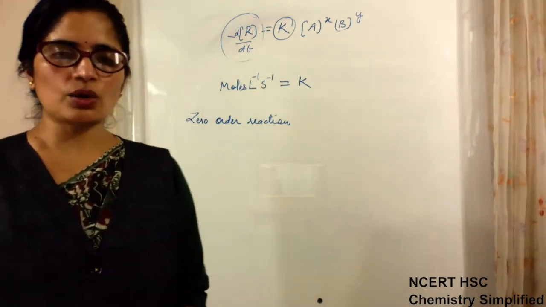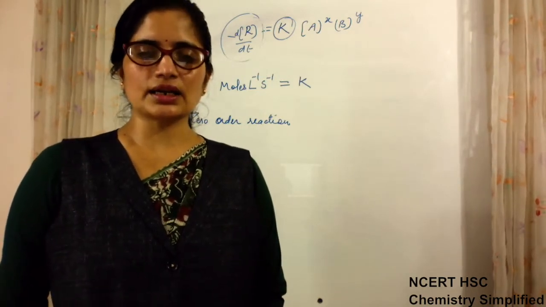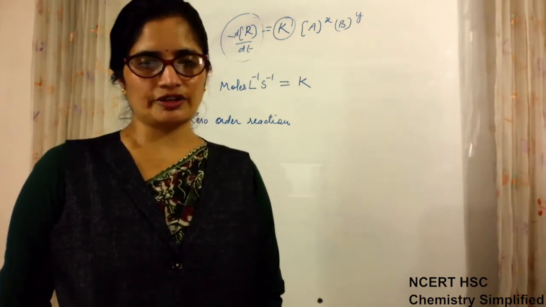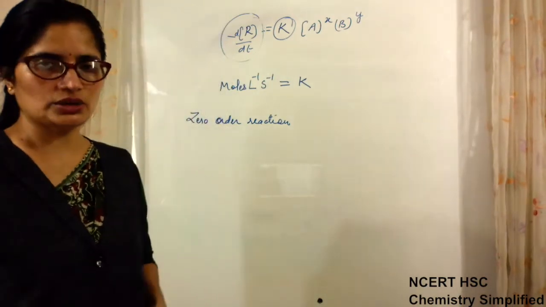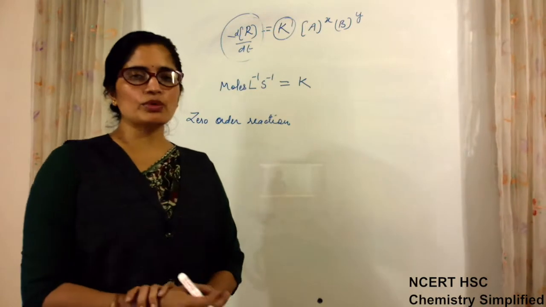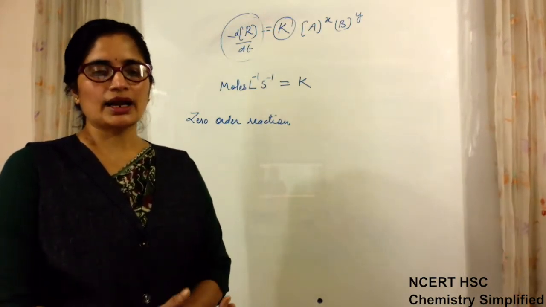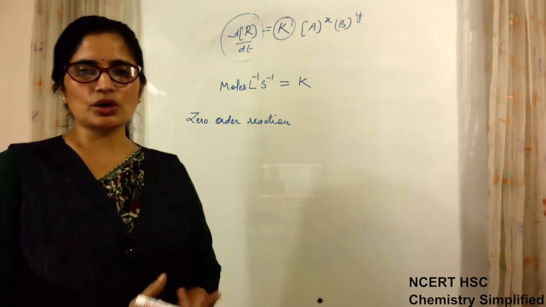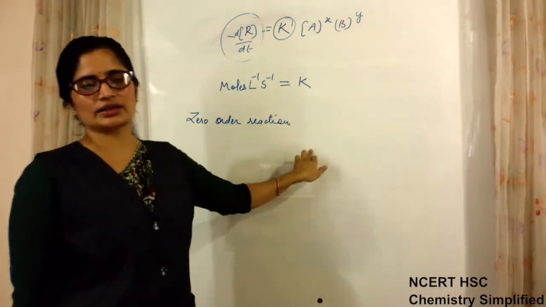What is a zero order reaction? When the concentration of reactants does not affect the rate of reaction, then that reaction is known as a zero order reaction, the whole reaction. If one particular reactant's concentration does not affect the rate of reaction, then it will be a zero order reaction.